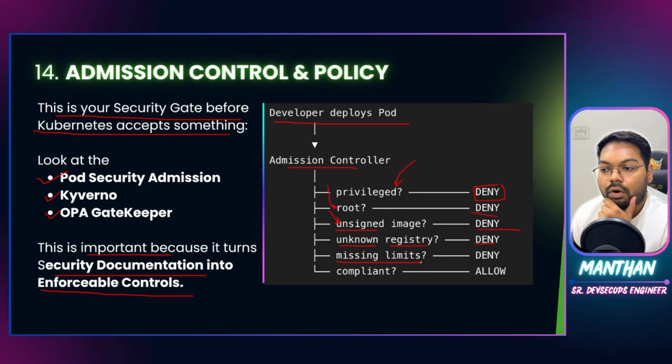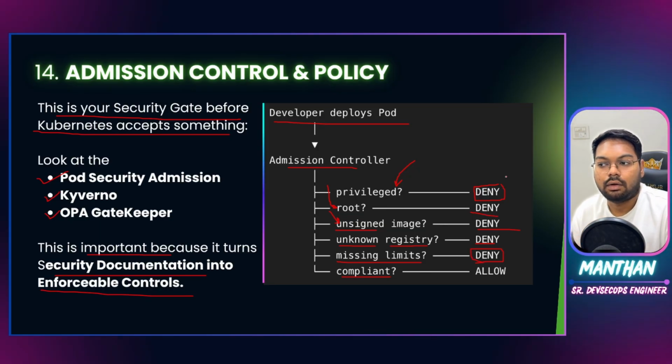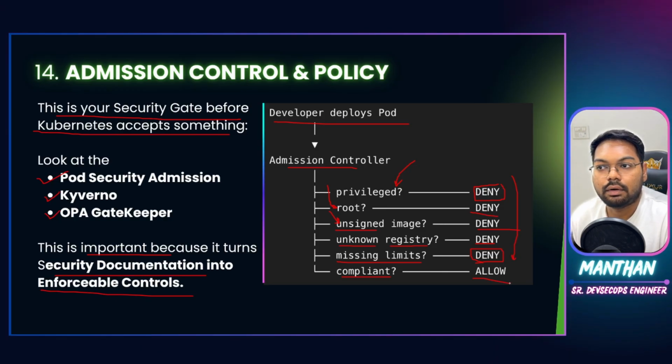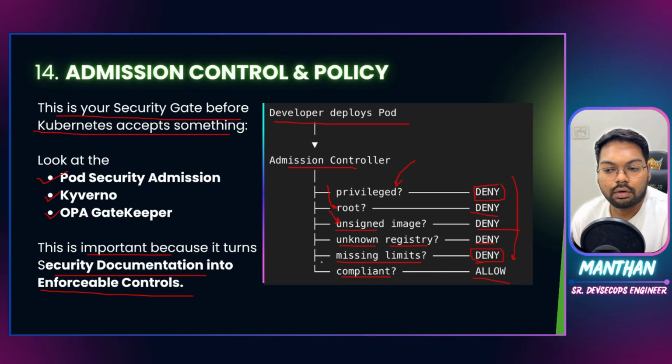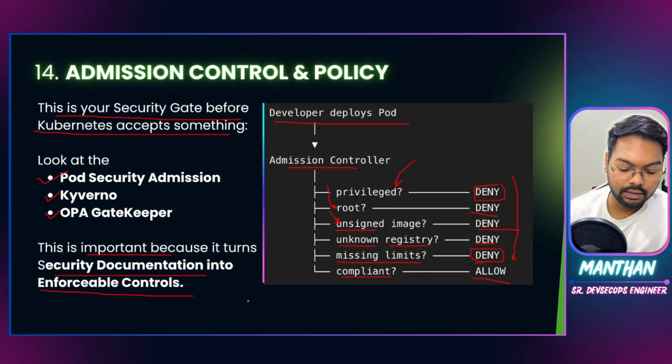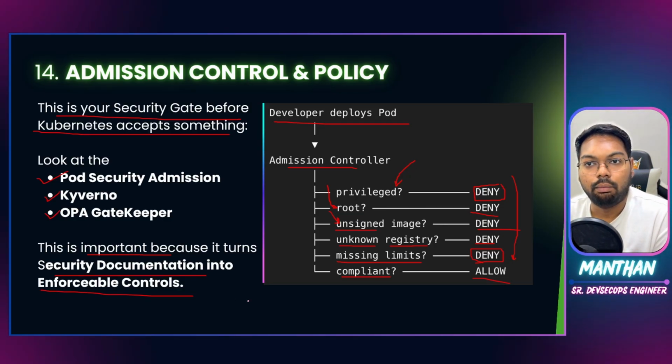Again, if a pod does not have memory limits set, then again deny that. And then if it is compliant after all of these checks, only then allow that particular image or container to run inside that pod. Other than that, we are not able to go through these things and run the pod.